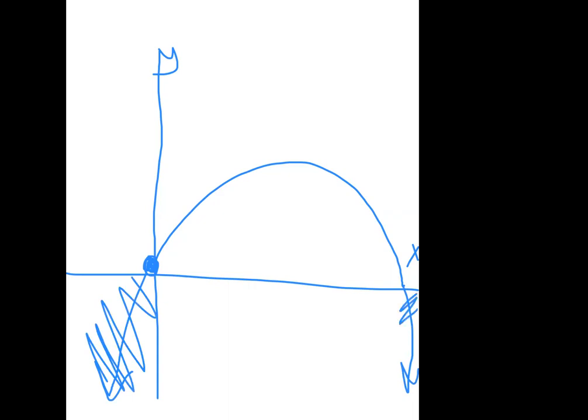Same thing over here. Once the ball hits the ground right here, I don't care about it after that. So for the most part, most of our graphs are going to work like this. The x coordinates are going to be time, and your y coordinate is going to be height. The vast majority of the ones that we are going to look at look like this.